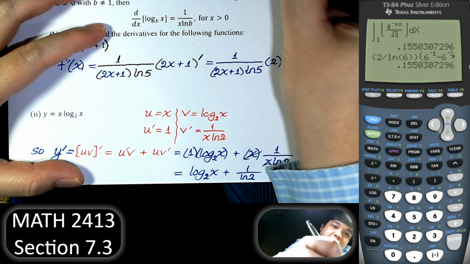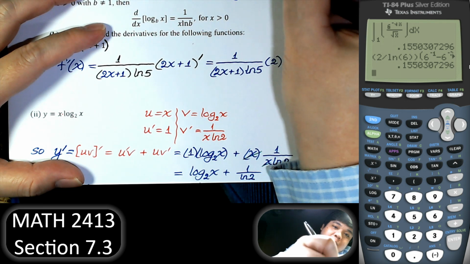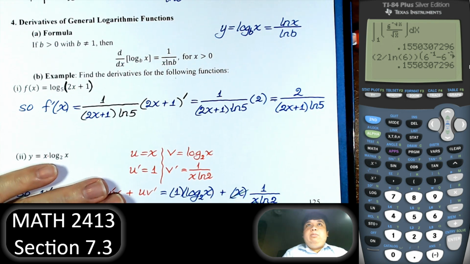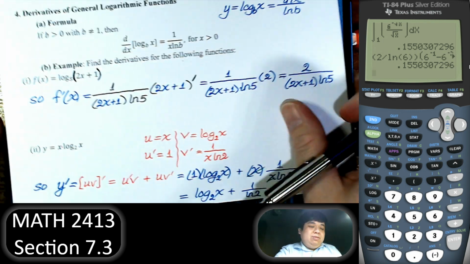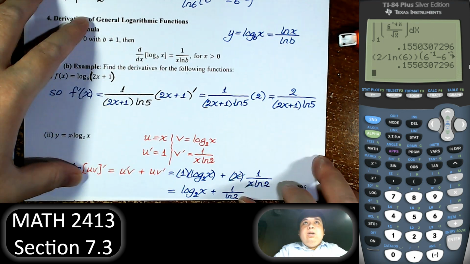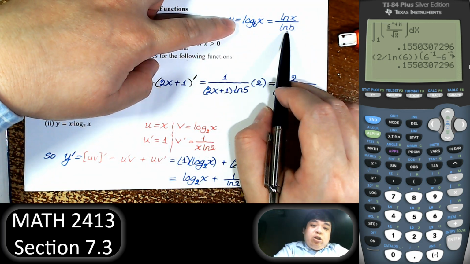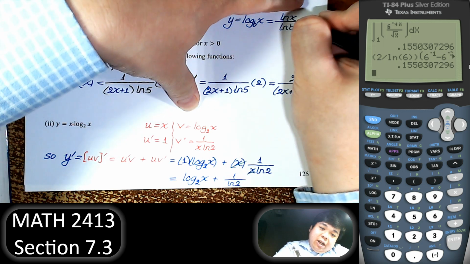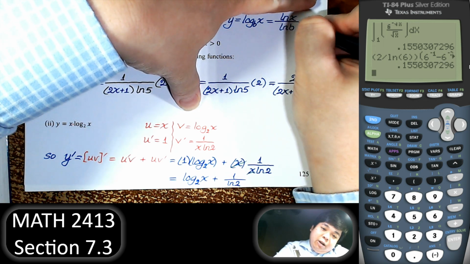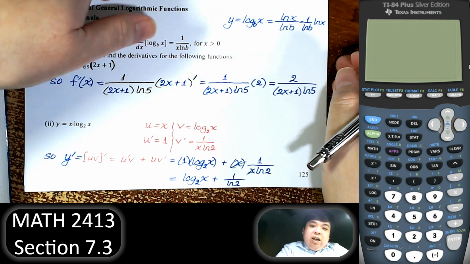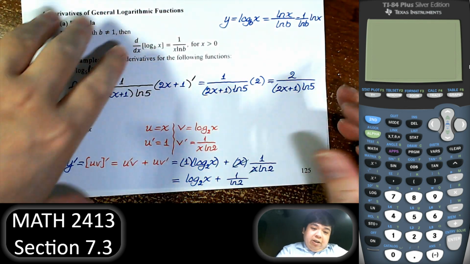That will be ln of x over ln of b. So if we write log base b of x as ln of x over ln of b, or we just say 1 over ln of b times ln of x, and then we just differentiate.